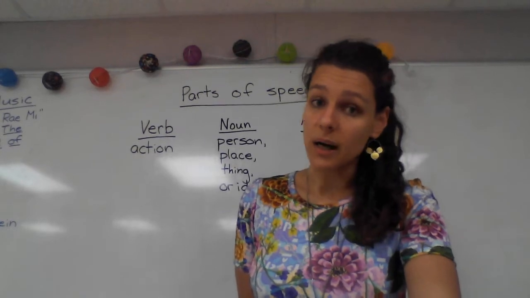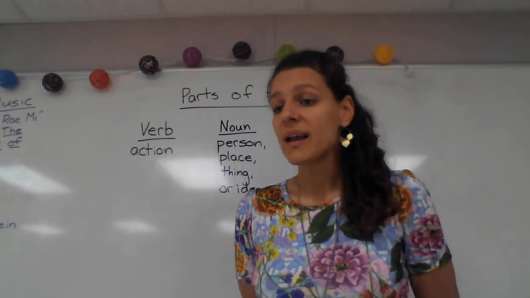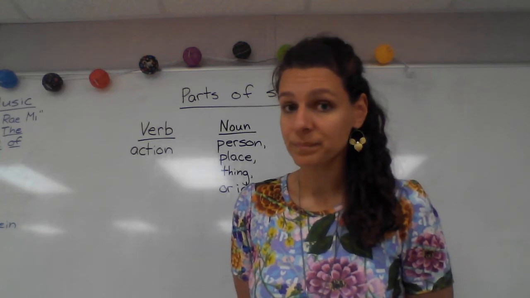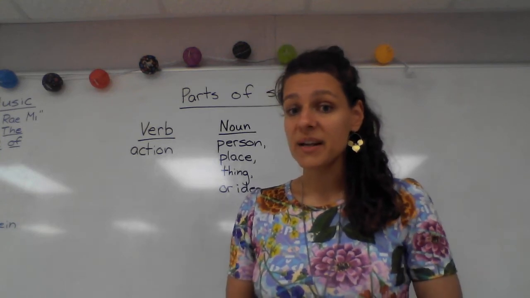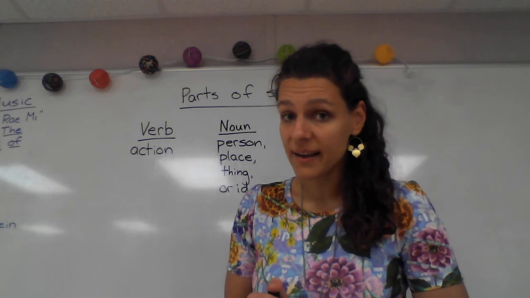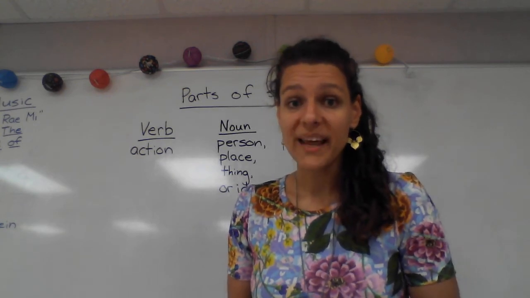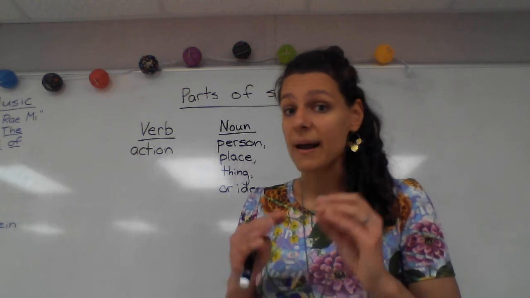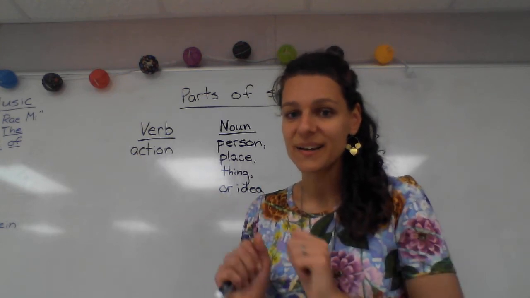Our noun was dog. And we're talking about different words that we could use to describe a dog. All right, so I'm going to try putting in a picture of a dog at the end of this video, and I want you to tell me what's an adjective that we could use to describe that noun, dog.